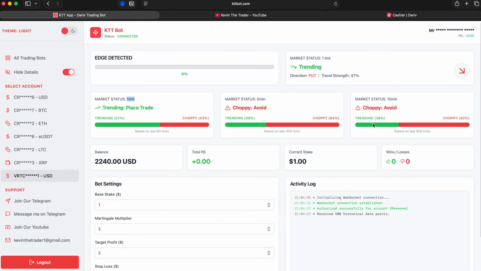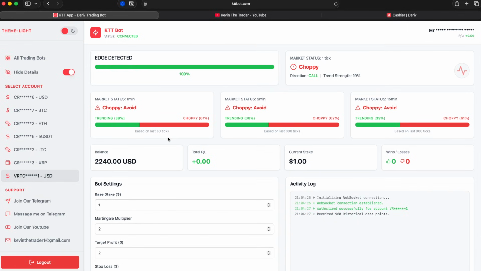I can't guarantee that you won't make losses, but the chart mimics the market in this bar chart. If you see the market is trending at 38% on 5 minutes, and on 15 minutes it's at 39%.